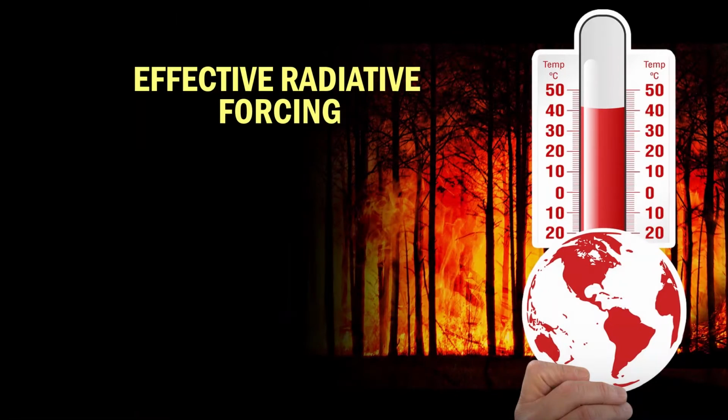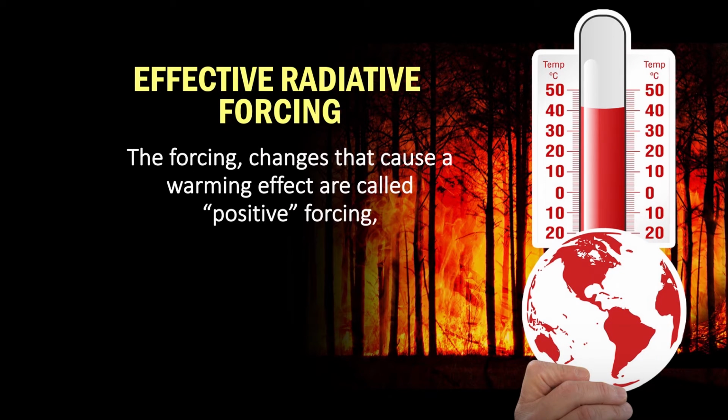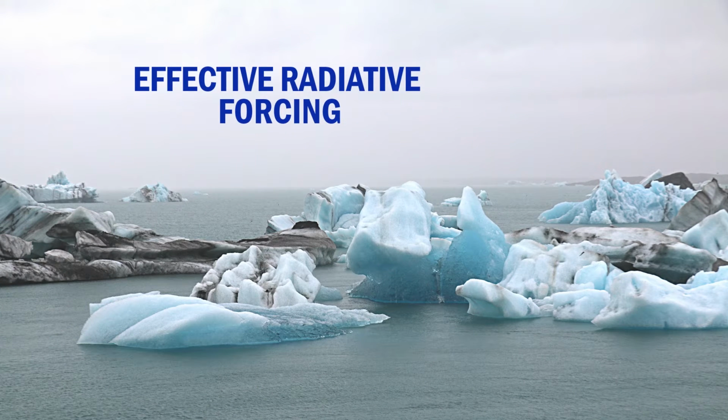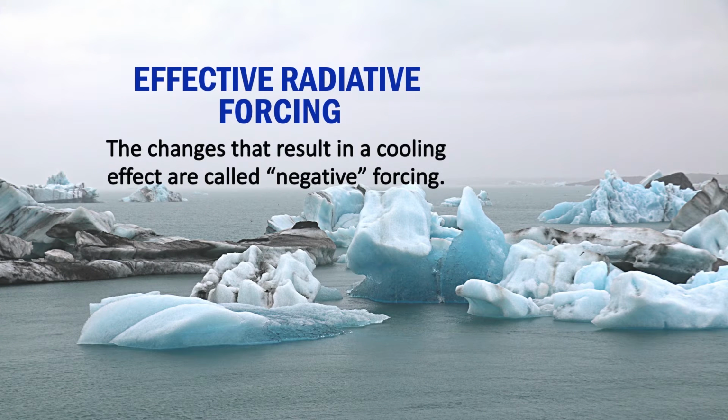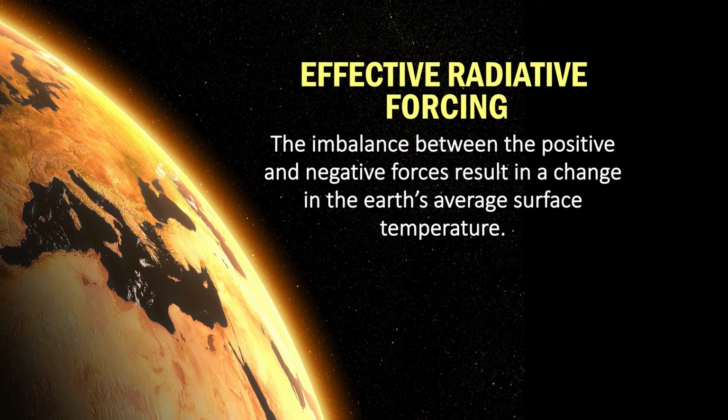As regards forcing, the changes that cause a warming effect we call positive forcing, while the changes that result in a cooling effect we call negative forcing. So the imbalance between the positive and negative forcings results in changes in the Earth's average temperature.